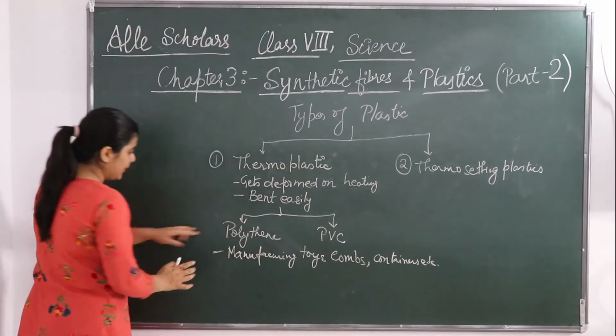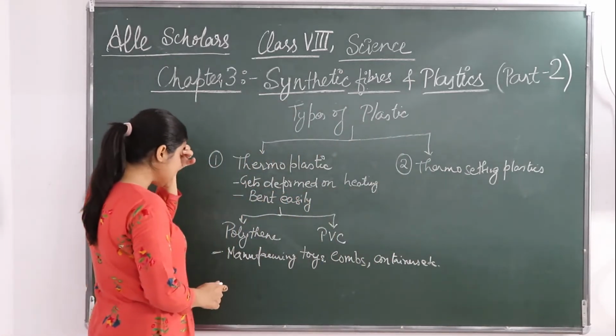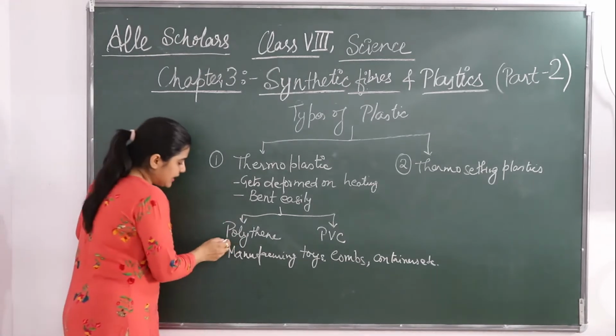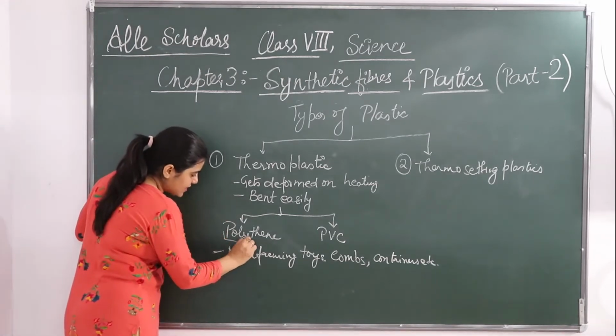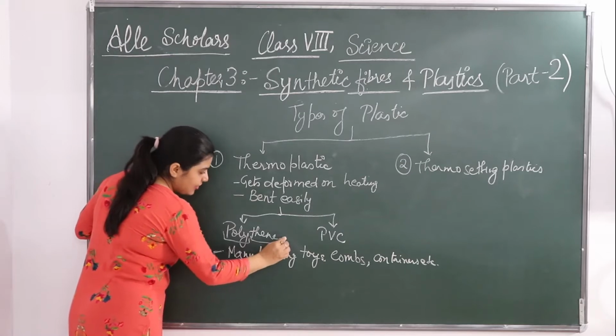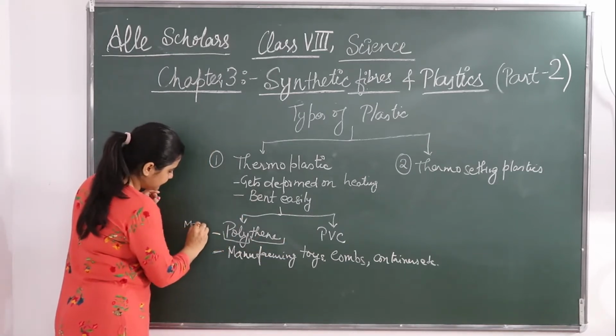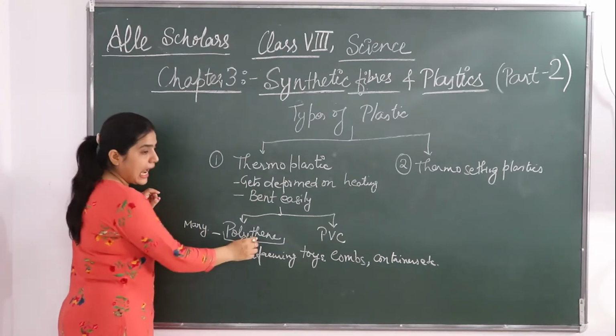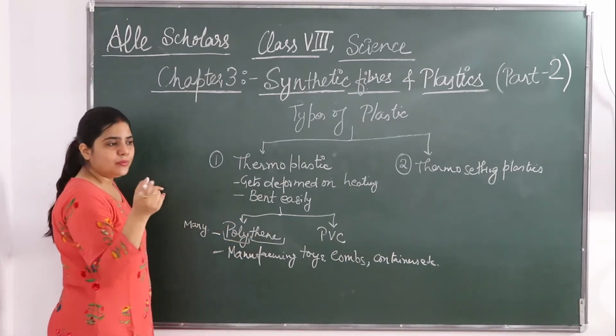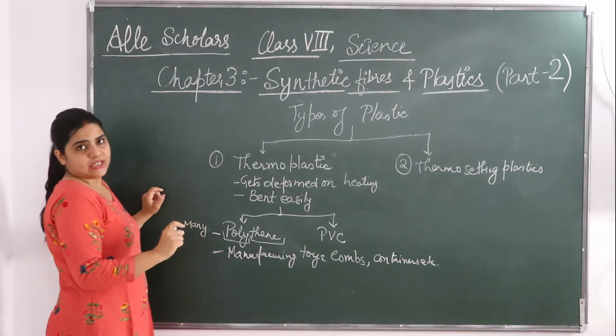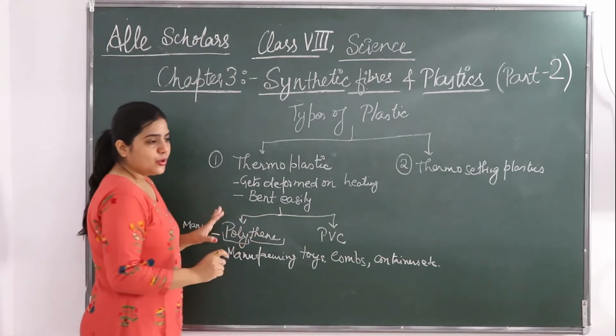Okay? What is polythene? So as the name itself suggests, polythene is made up of two words. Poly means many. Okay? And thene is the monomer of polythene. It's a monomer.